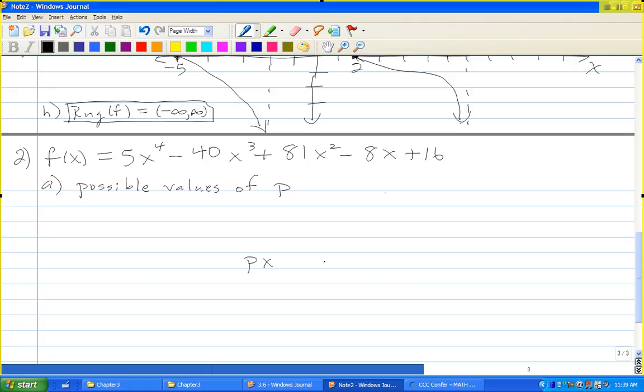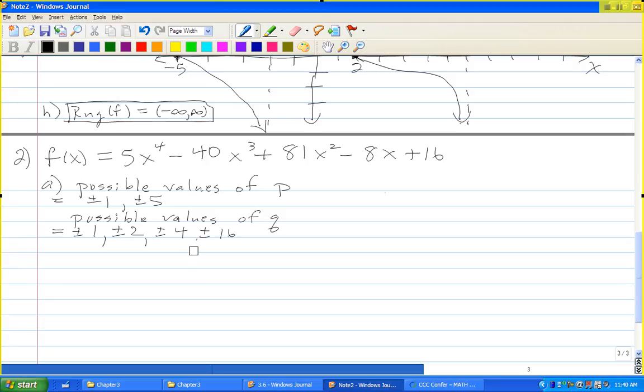Let me see. We call it P and Q, right? Okay, I think I called that the first one. Possible values of Q: 1, 2, 4, and 16.